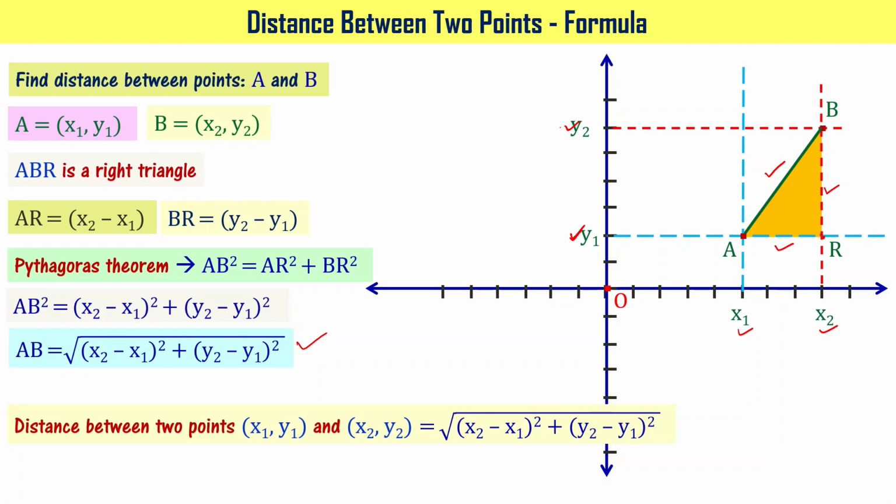That's why in this formula you can write in any order, x1 minus x2 whole square plus y1 minus y2 whole square also. Otherwise, it's always better to keep this notation fixed: x2 minus x1 whole square plus y2 minus y1 whole square under root. That gives you the distance between 2 points x1 comma y1 and x2 comma y2. Please note this formula so that you will be in a position to solve some problems based on this.